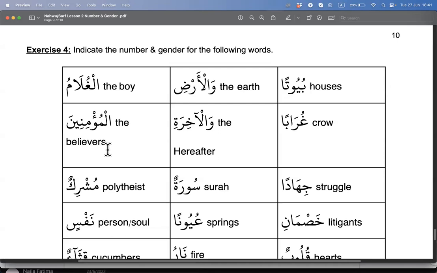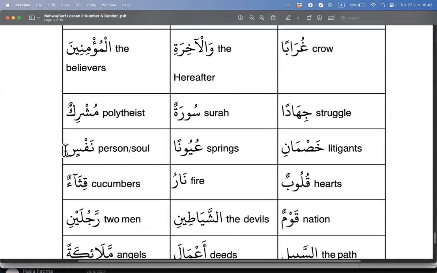It's nasab or jar. Good. Plural and masculine. Good. Jihadan. Status first. Nasab. Number singular.